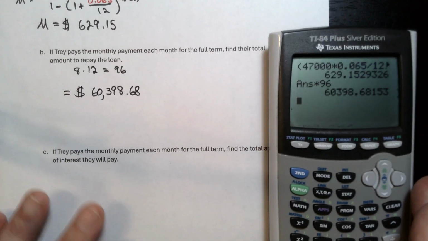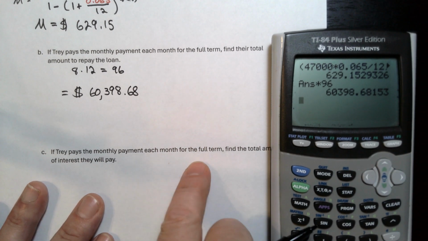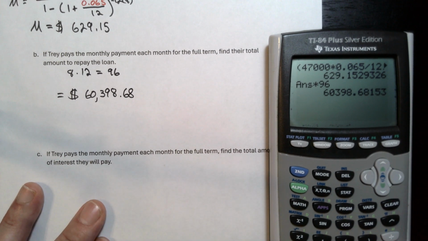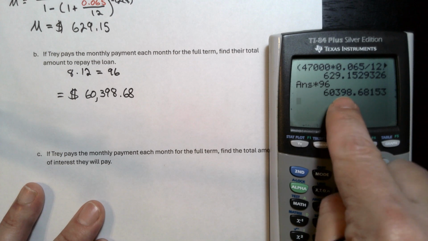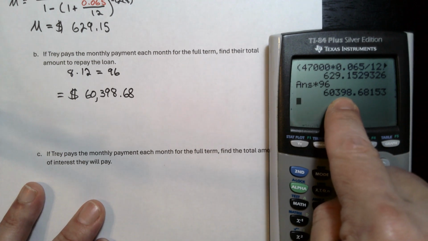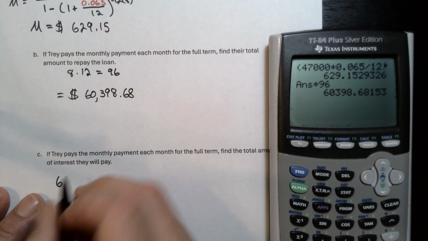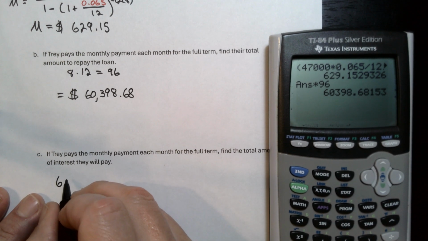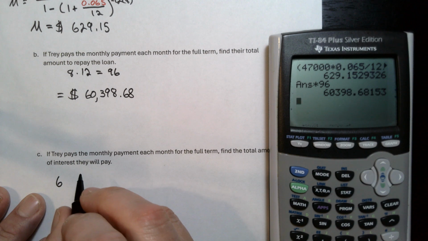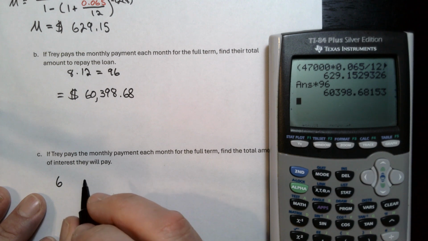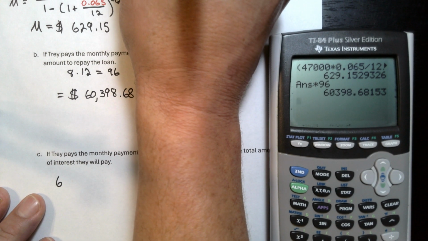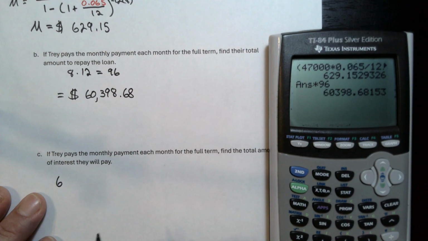Our last question, if Trey pays the monthly payment each month for the full term, find the total amount of interest they will pay. Okay, so we know the total amount of money that Trey paid was this, but we know they only took a loan for $47,500 actually. Oh, I changed it to 47. Oh well, not a big deal. Let's say that was just 47,000.